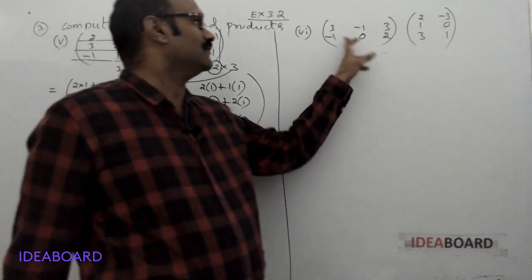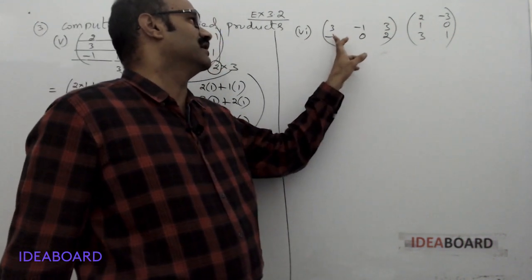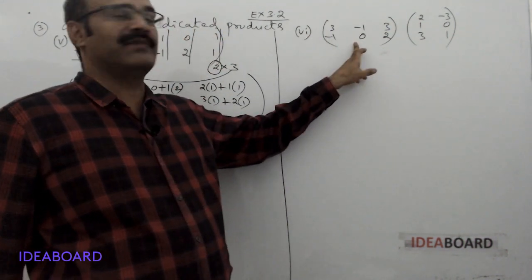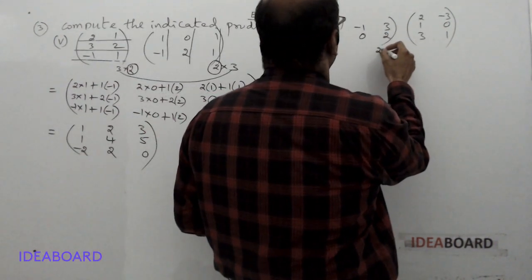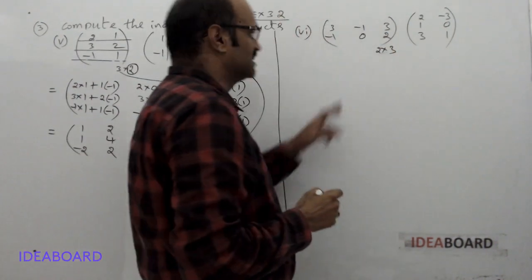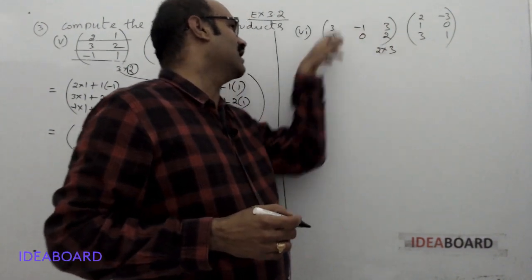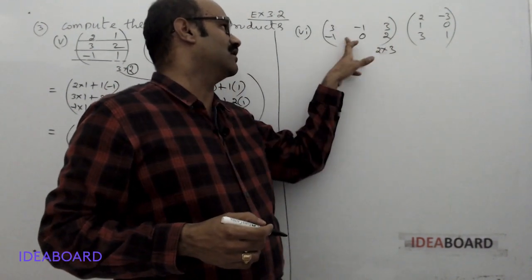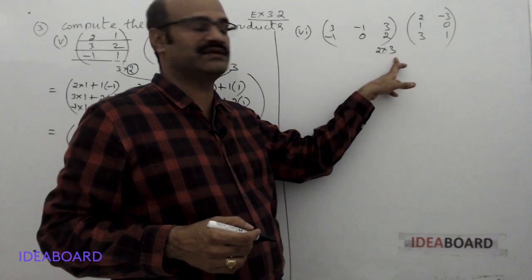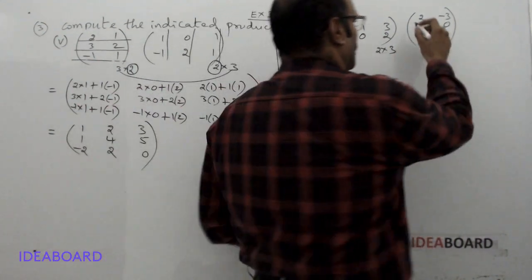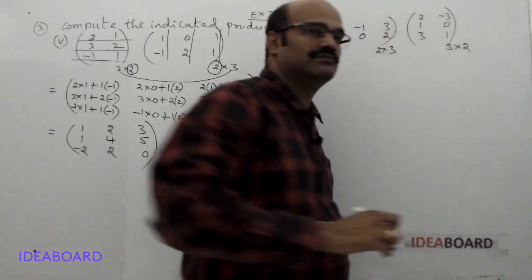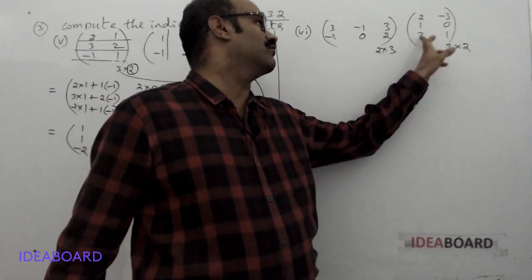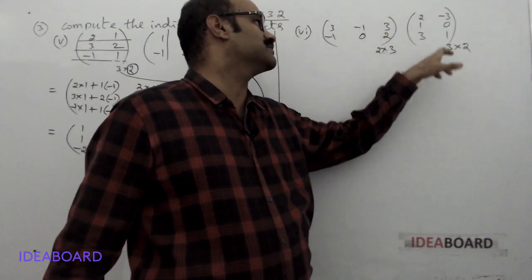Similarly, sixth problem. Here the order of the first matrix is 2 by 3, since we are having 2 rows and 3 columns, and the order of the second matrix is 3 by 2, 3 rows and 2 columns.